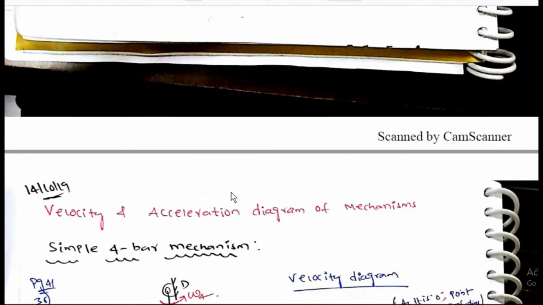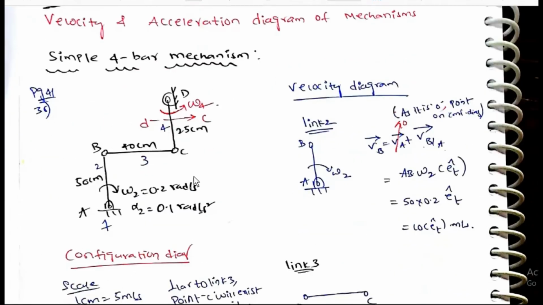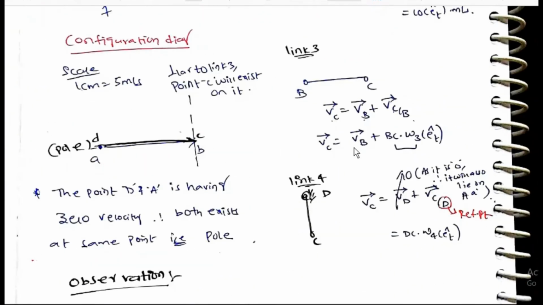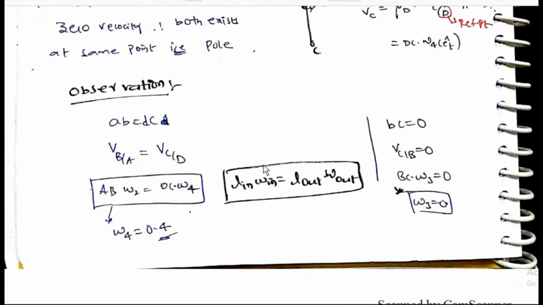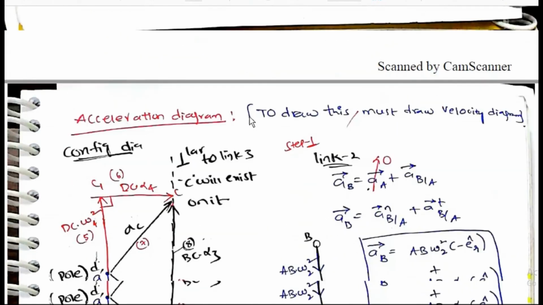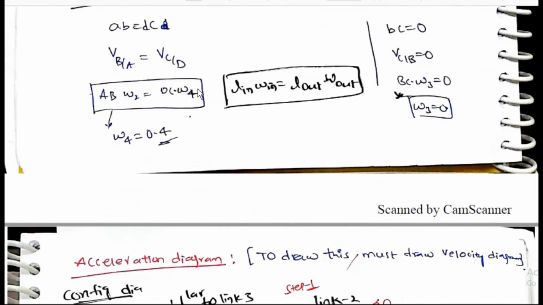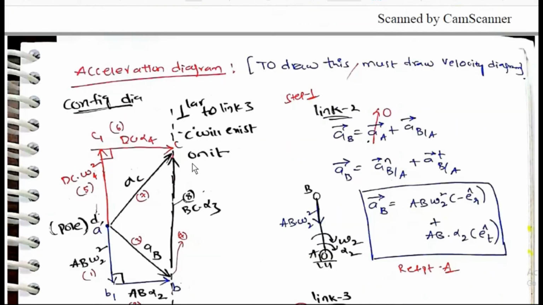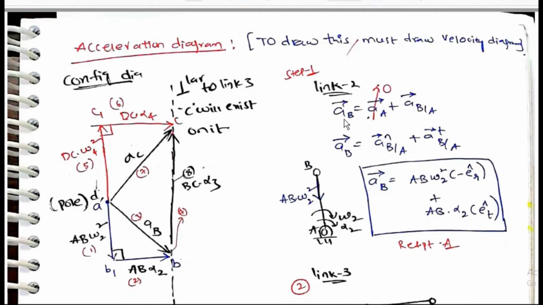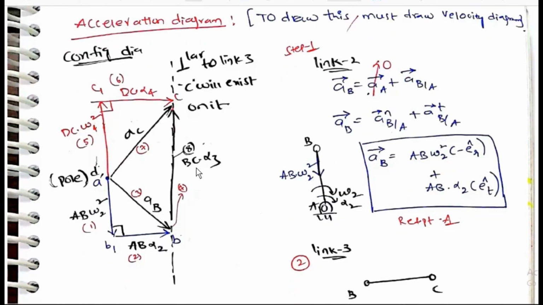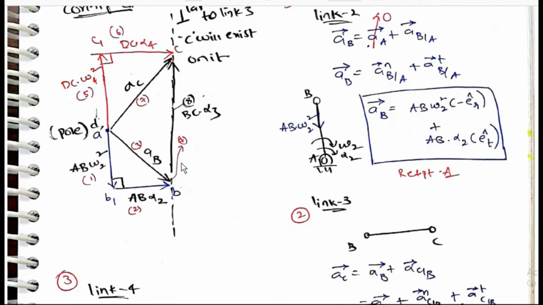For velocity and acceleration diagrams, from the diagram itself, from the lengths, we can say how much is acceleration and how much is velocity. To draw the acceleration diagram, you must draw the velocity diagram first. First draw the velocity diagram, then draw the acceleration diagram based on length.